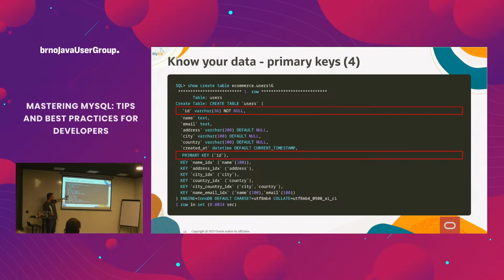And there is something also very important: all the secondary indexes here have, on the rightmost part, completely hidden, the primary key added all the time. So here you see name is just the first 101 characters of name, plus the full ID that we have here, it's here also next to it. So in memory and on disk, we have this information all the time. So every secondary index has the primary key.